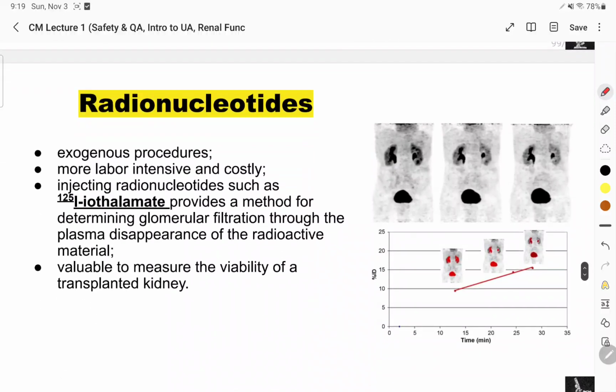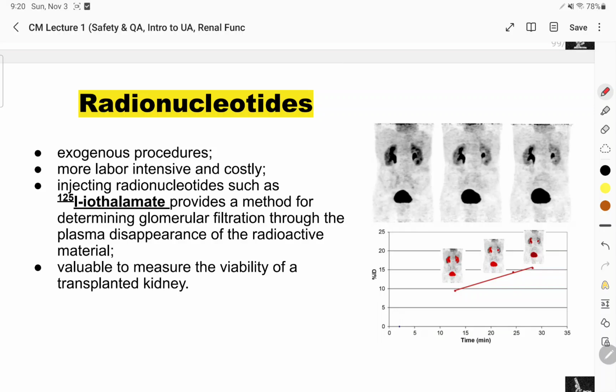Okay, radionuclides, these are exogenous procedures, same as inulin, exogenous. But the use of radionuclides is more labor intensive and costly. So what happens here is that your radioisotope or radionuclides such as your 125 iothalamate provides a method to determine your GFR through the plasma disappearance of the radioactive materials.